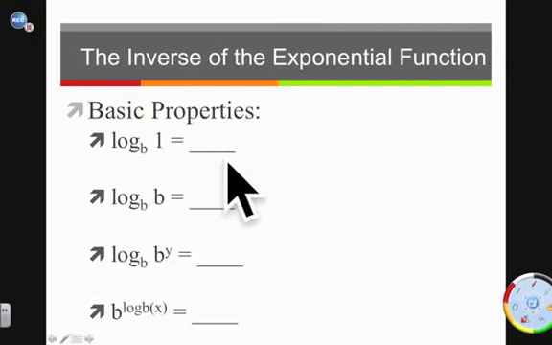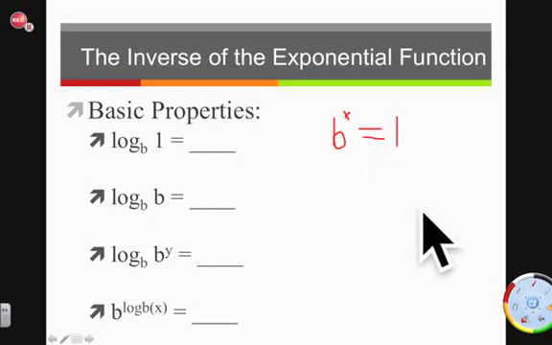I don't know what this blank spot is, so I'm just going to let it be a variable for right now. So I'm basically saying, hey, b to what power equals 1? Well, I hope you all know this. We already know that anything to the 0 power is 1. That means log base b of 1 is equal to 0 every single time, always.